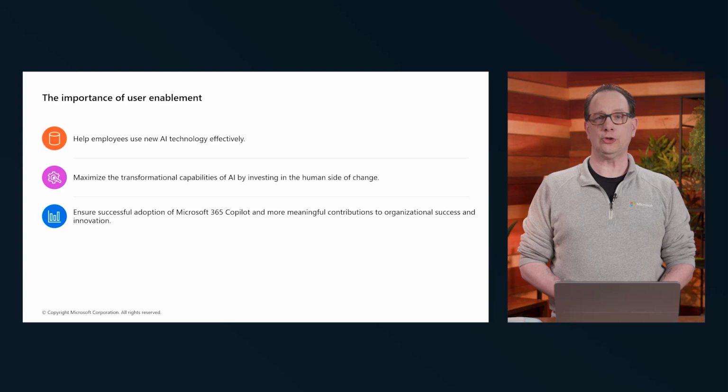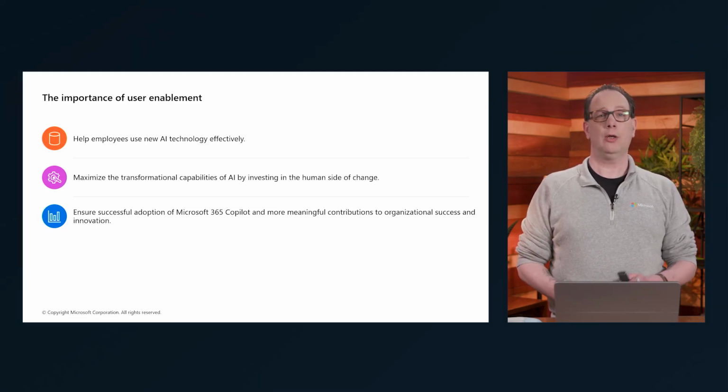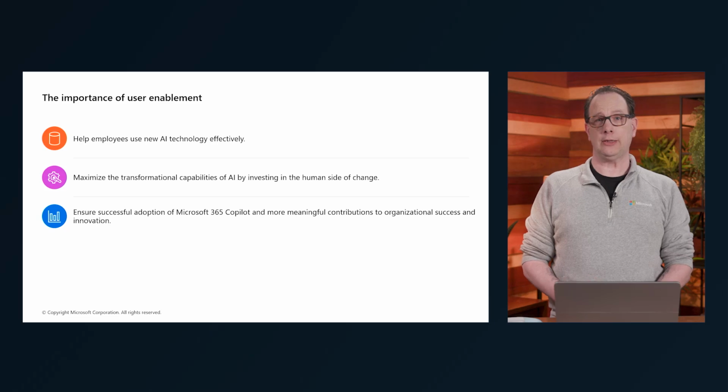By teaching your users how to utilize these tools, organizations can make the most of the investment in Microsoft 365 Copilot, which means enhancing collaboration, productivity, and creativity across the globe. Essentially, when employees understand how to use these AI features, they can contribute more meaningfully to the organization's success and innovation.